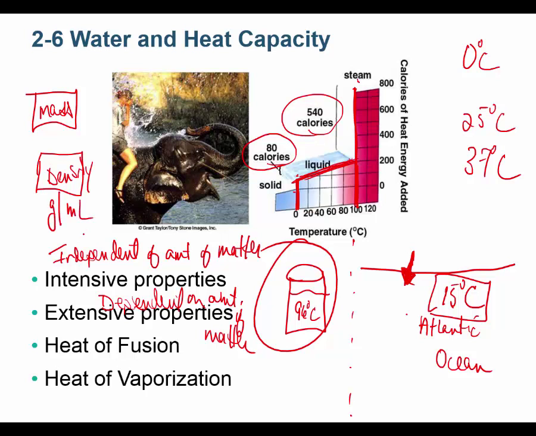If you check the density of just this little corner of this block, it would be the same as if you checked the whole thing. So intensive properties are independent of the amount of matter, and extensive properties are dependent on the amount of matter.